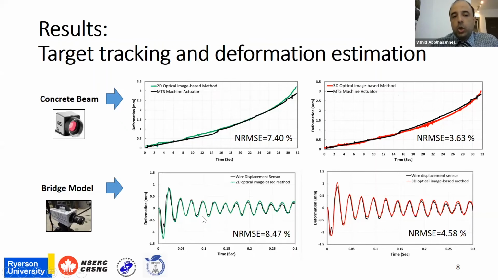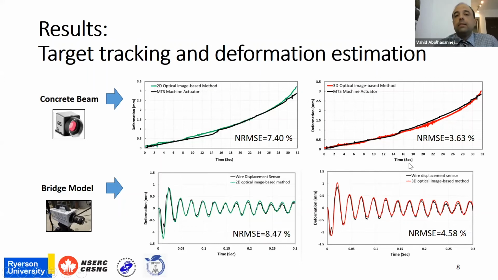The green and red lines are for the optical image-based method, and the black line was obtained using a wire displacement sensor. They also show a good agreement between these two methods.